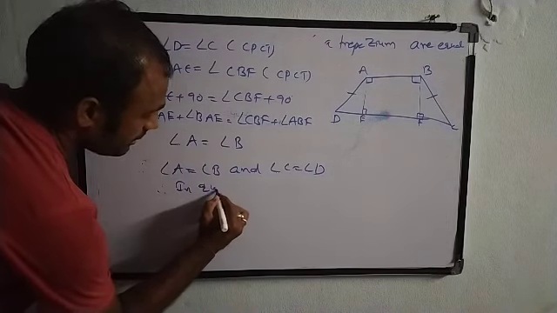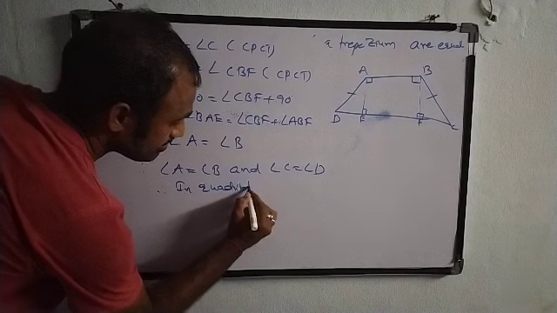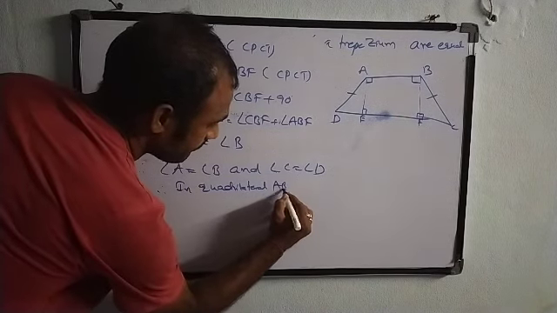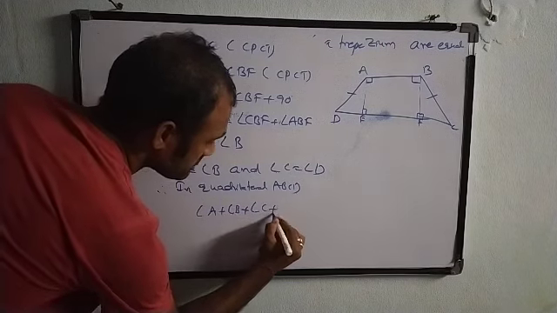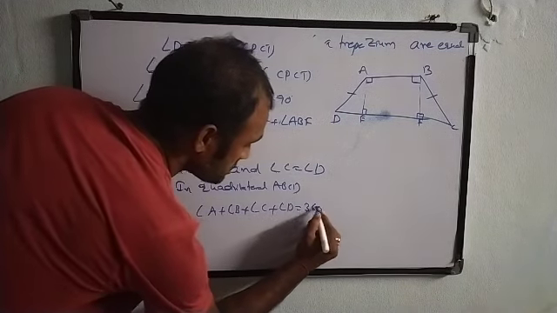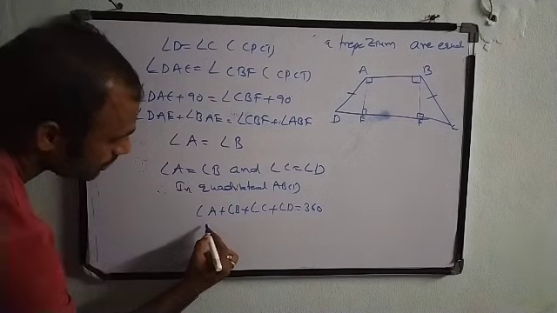So in quadrilateral ABCD, angle A plus angle B plus angle C plus angle D is equal to 360 degrees. Angle A and angle B are both equal, and angle C and angle D are both equal.